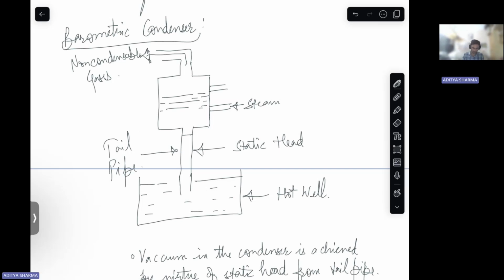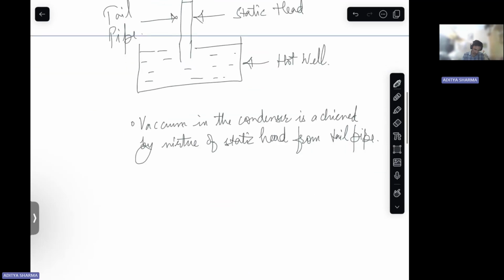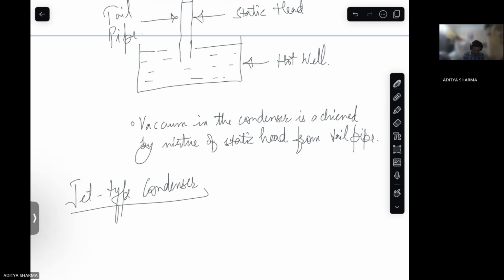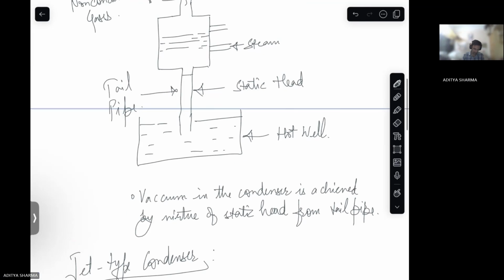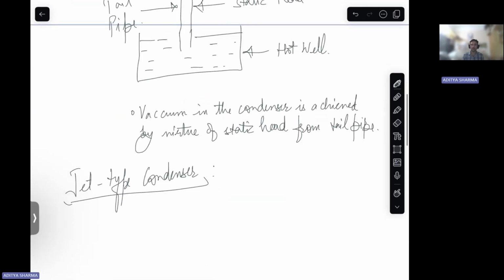jet type condenser. So what happens in your jet type condenser? So your tailpipe is replaced by a diffuser. Okay.